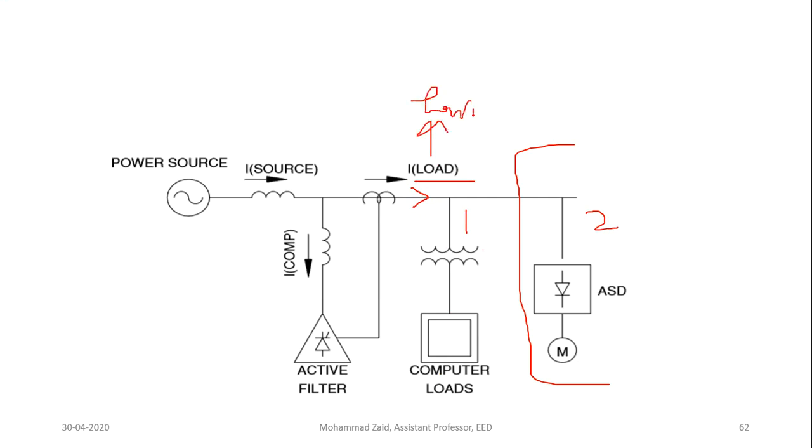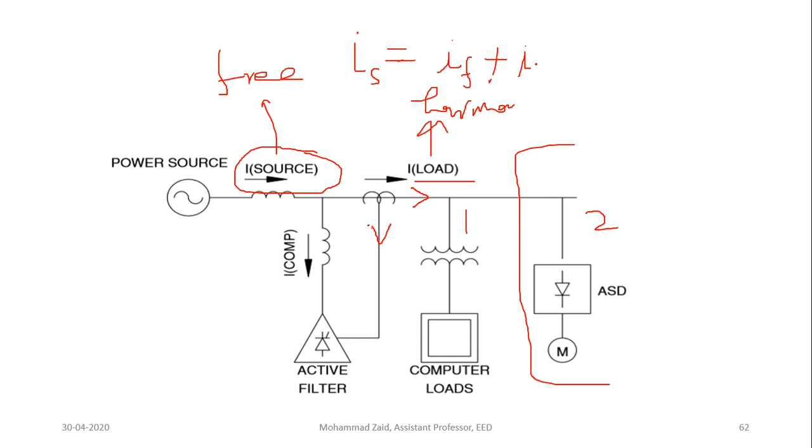The source current, which we want to be free from harmonics, is simple: IS is equal to I filter plus I load.